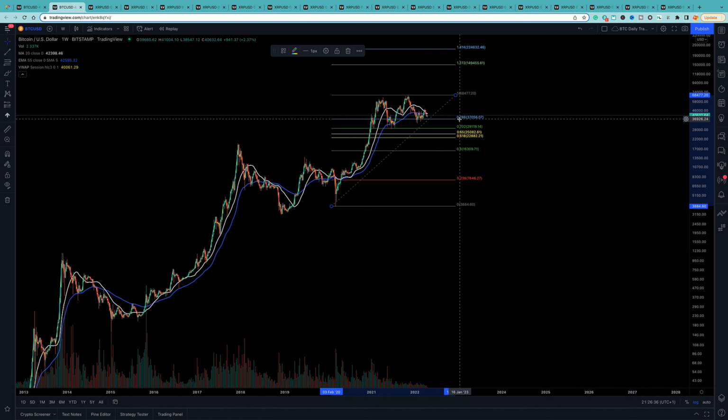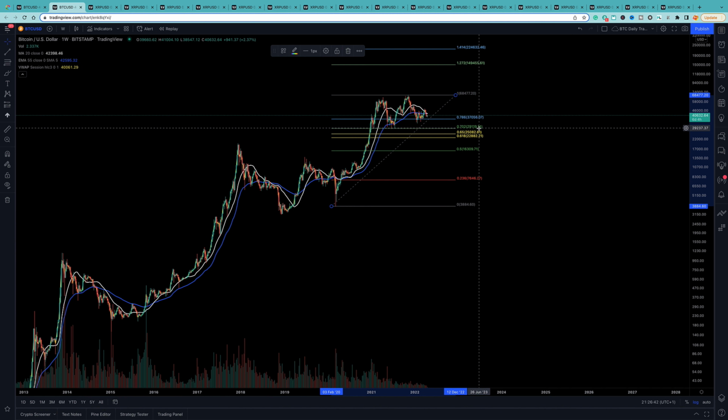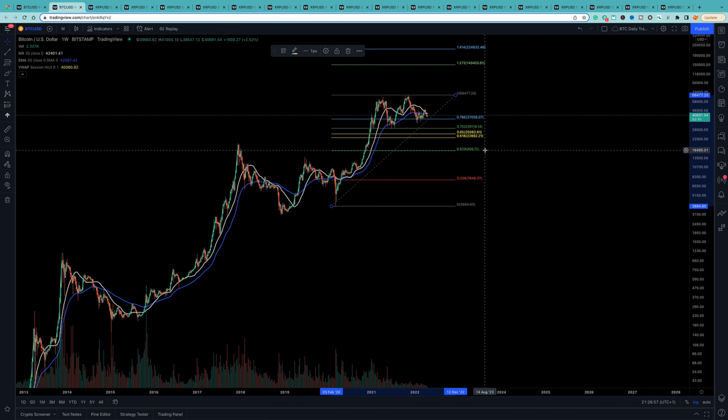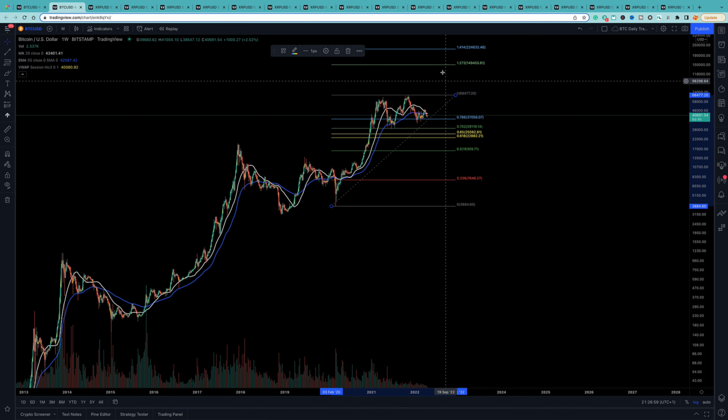So here's the 786. If it breaks the 786, we're back to the 702 at 29. And again, that's a very strong support line. If it wants to go all the way into the golden pocket, there's 25.3, and then the 618 is 22.9, and 05 is 16.